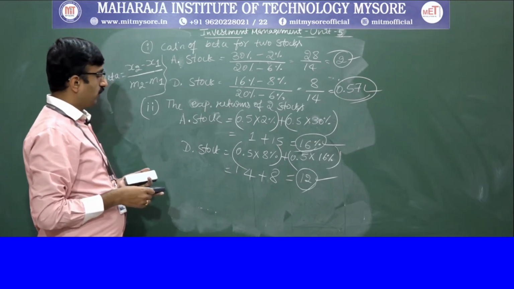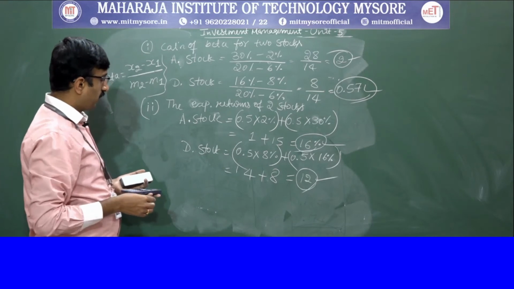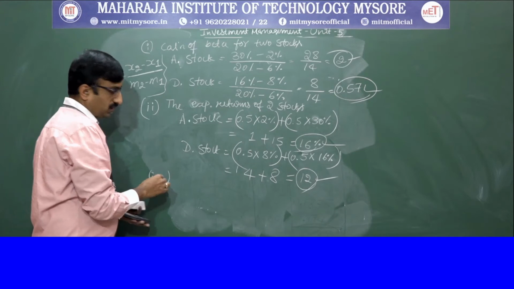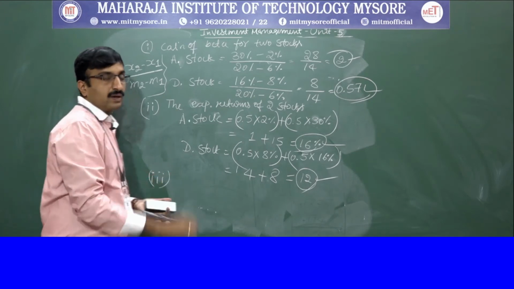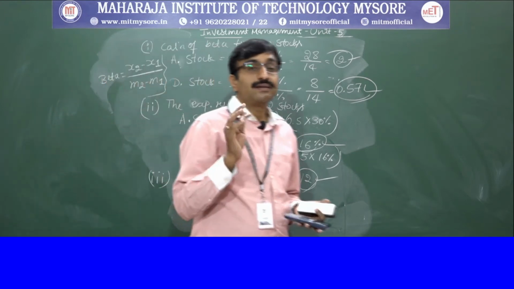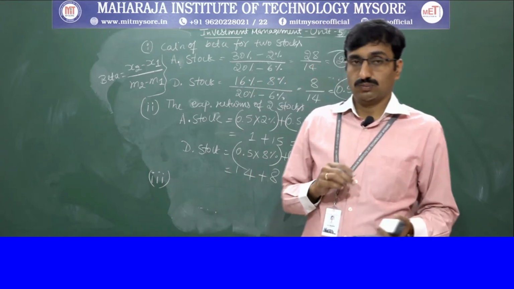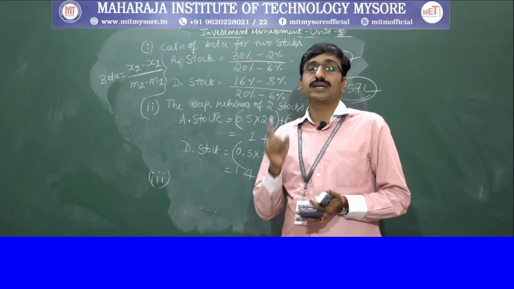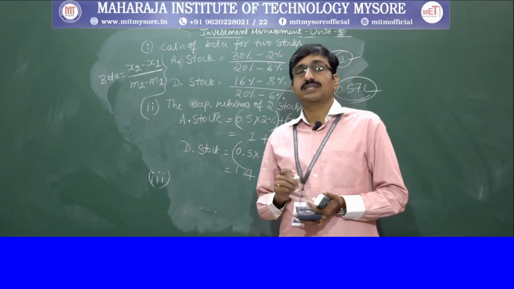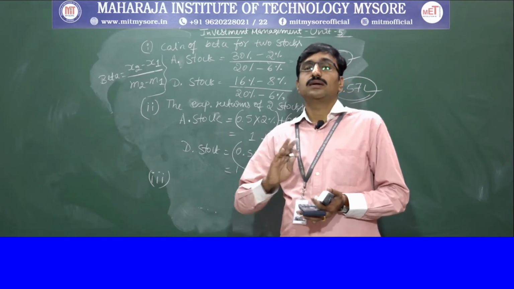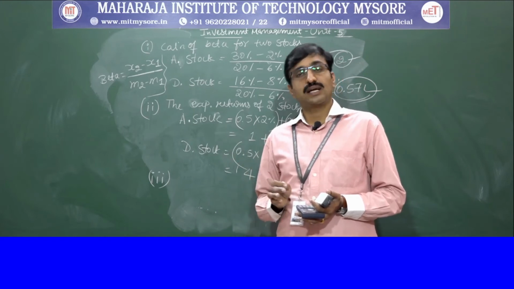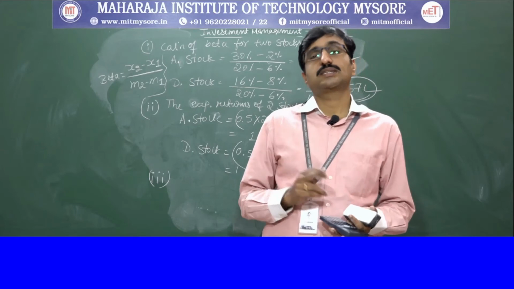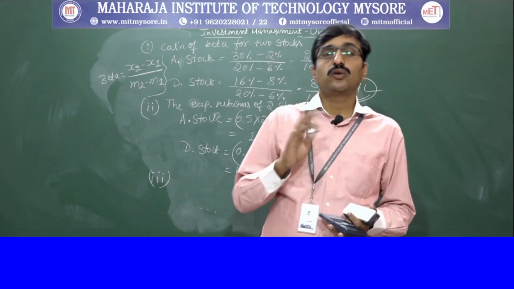Next, the third question is the expected return on the market portfolio. The market portfolio is 6% and 20%. Again, it is equally distributed, so we can take 50% on 6% and 50% on 20%.